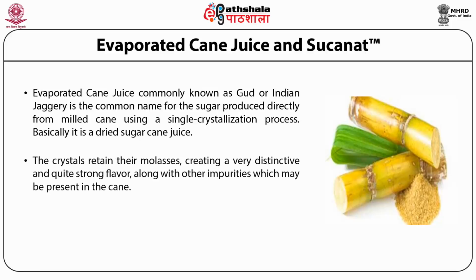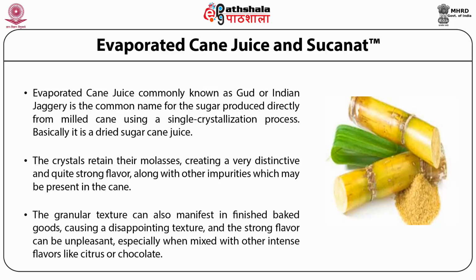The crystals retain their molasses, creating a very distinctive and quite strong flavor, along with other impurities which may be present in the cane. The granular texture can also manifest in finished baked goods, causing a disappointing texture, and the strong flavor can be unpleasant, especially when mixed with other intense flavors like citrus or chocolate.